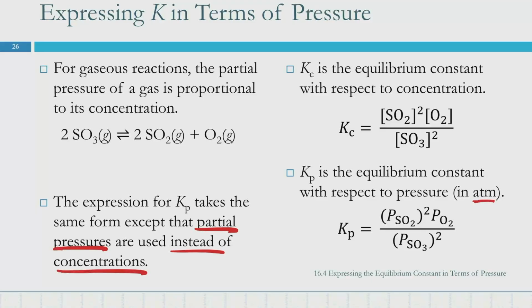Atmospheres is assumed here. That's our reference state. So we've got Kc, concentration, and Kp, our equilibrium constant for pressure.